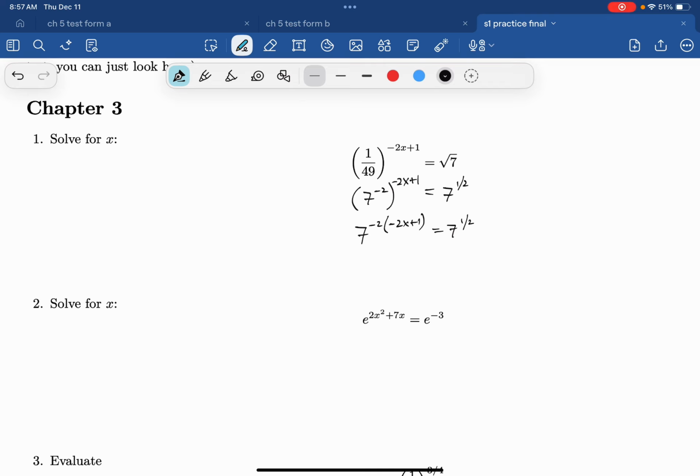And so now that we have the exponents under the same base, we're able to set their powers equal to each other. And so we have -2 times -2x plus 1 equals 1/2.